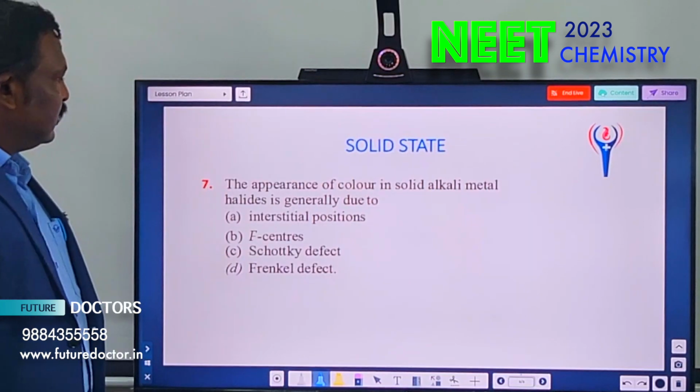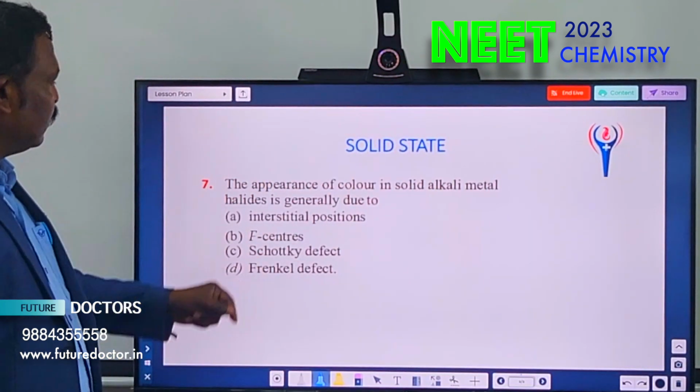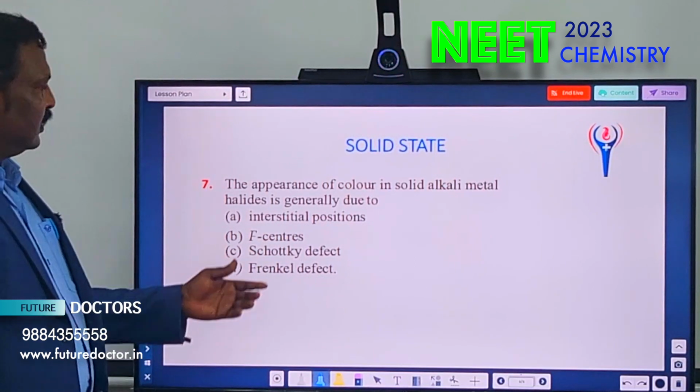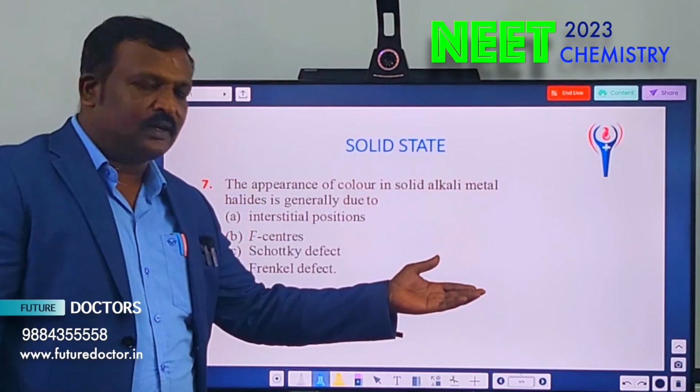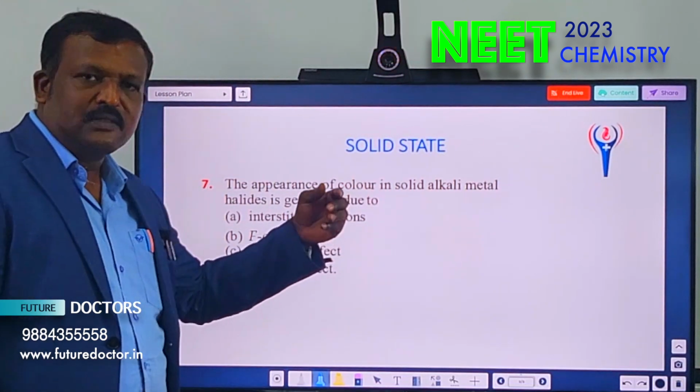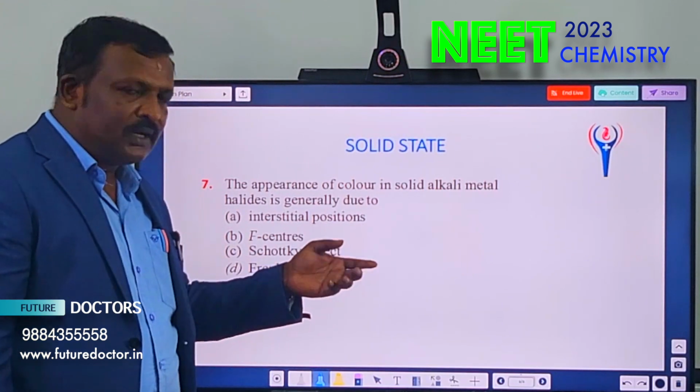Next one. The appearance of color in solid alkali metal halides is generally due to what? It's a question. Defects we studied, no? Stoichiometric defect, non-stoichiometric defect. In non-stoichiometric defect, there is metal excess defect and metal deficiency defect.